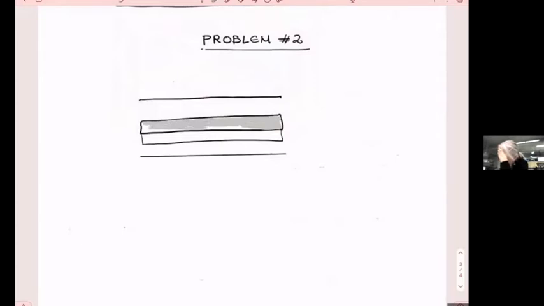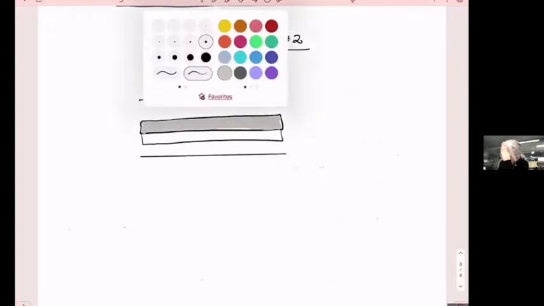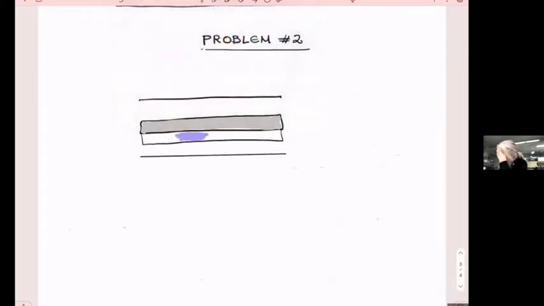And then what I could have in addition to that is a dielectric underneath it. All right, so that could be a dielectric. And then could be air here.